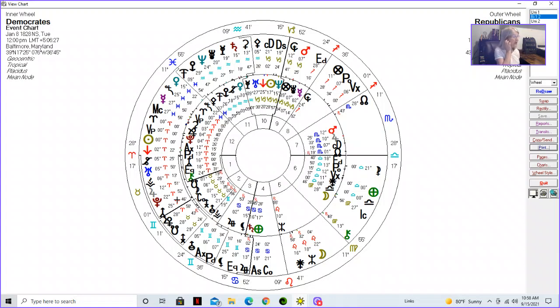So I thought that was really interesting when I looked at this, because that Pluto, very close to the Aries point, is making a conjunction, though a couple of degrees away, not an exact hit, but very, very close, to the Chiron of the Democrats. So their transformation then encourages what I want to refer to as turning points or healing aspects to the Democrats.